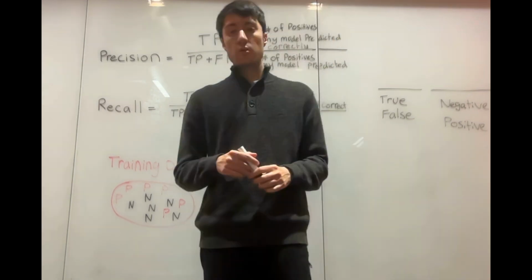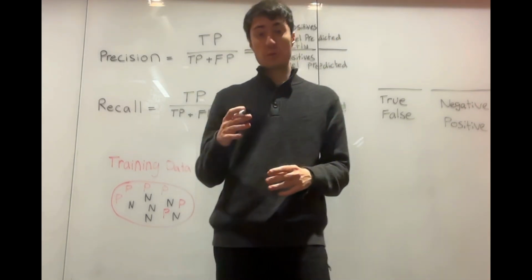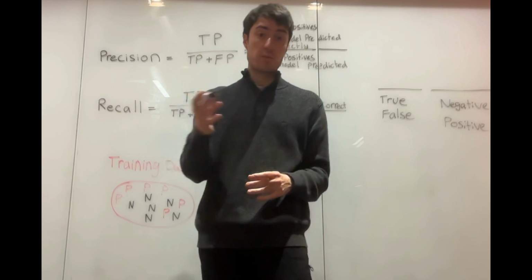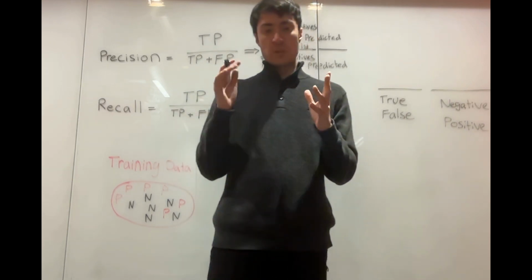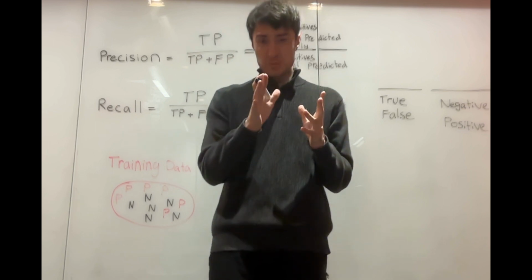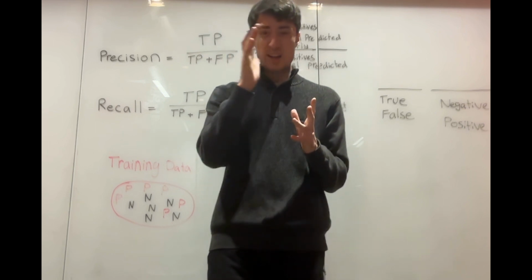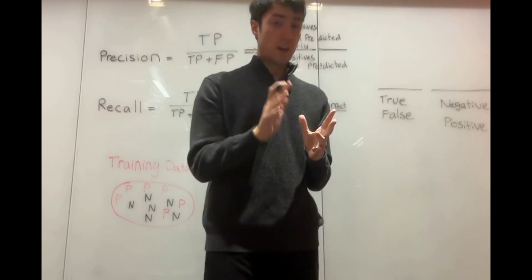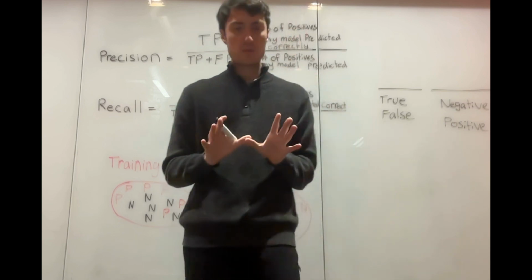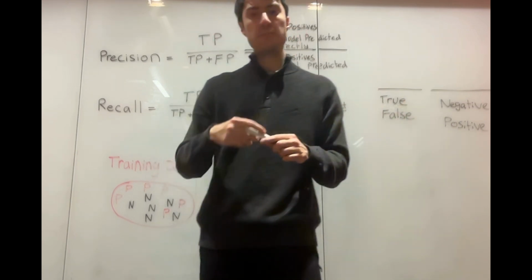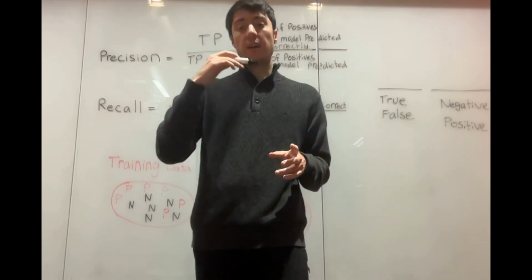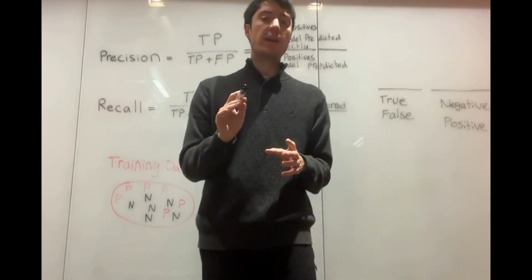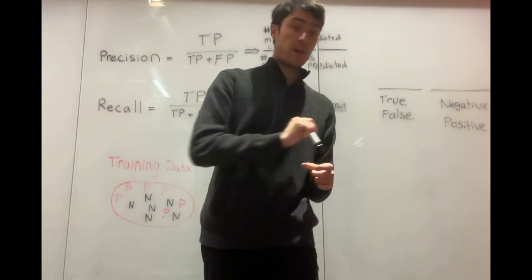One of the common examples when explaining precision and recall is cancer. We want to predict whether a person has cancer or does not have cancer. Positive means they have cancer, and negative means they do not have cancer.